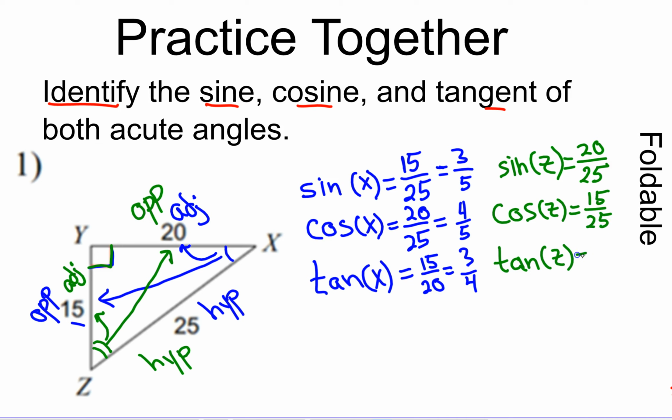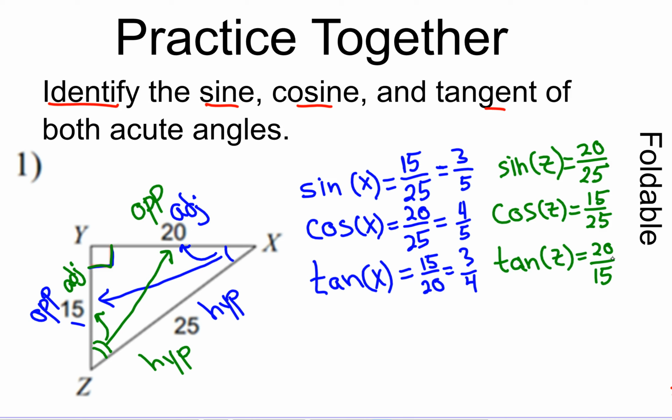And then finally we need our last one, tangent function. That one, again from angle z, is going to be the opposite over the adjacent. TOA, remember in SOHCAHTOA, TOA is opposite over adjacent, 20 over 15.